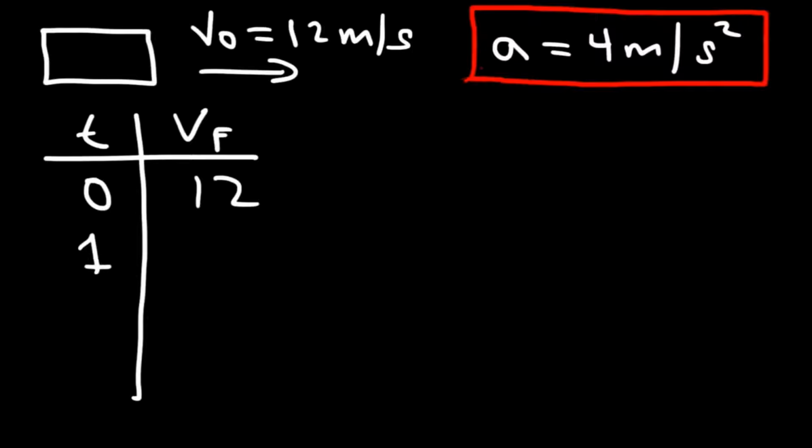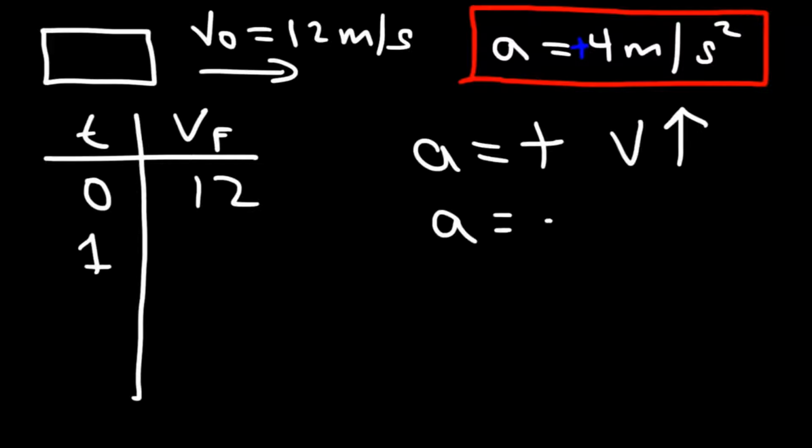The acceleration tells us how fast the velocity is changing. Because the acceleration is positive 4, the velocity is increasing by 4 meters per second every second. Every time acceleration is positive, the velocity increases. But every time the acceleration is negative, the velocity decreases.